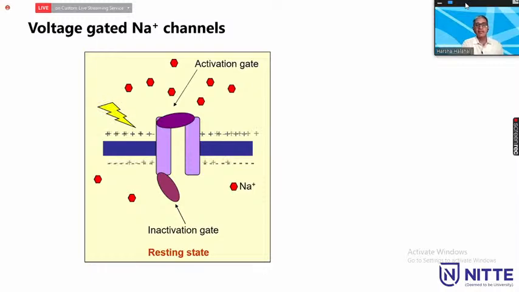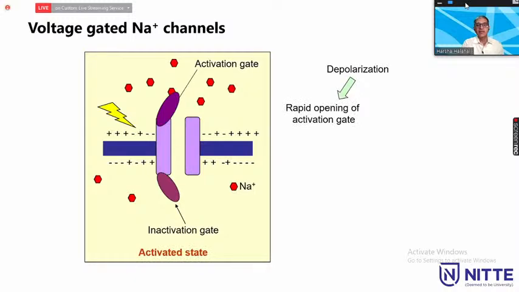However, if the surrounding membrane becomes depolarized, then the activation gate opens, and this allows the movement of sodium ions from outside to inside. This is a very rapid action, happening in a fraction of a millisecond, and then you have influx of sodium, which leads to a change in membrane potential, which leads to depolarization.